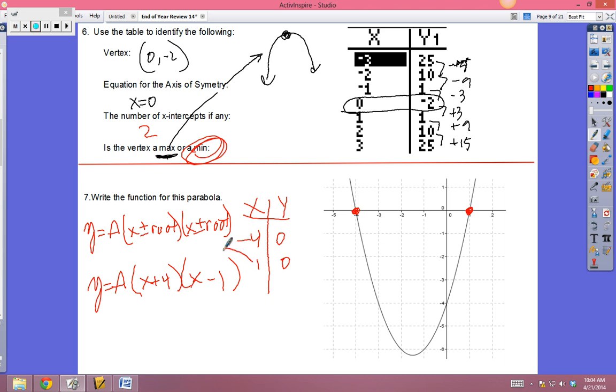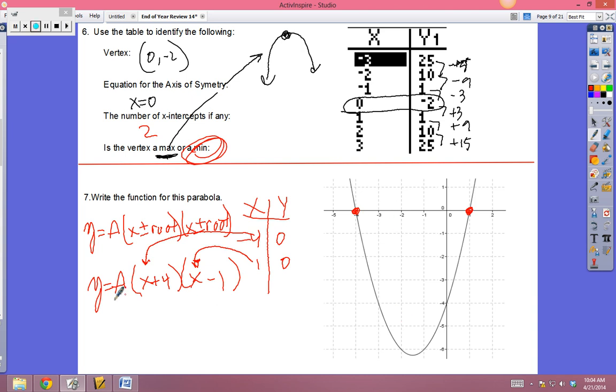Because when I take 1 and I plug it in for x, 1 take away 1, that's giving me the 0. Or if I take negative 4 and I plug it in for x, negative 4 plus 4, there's my 0. So in the model, they're going to be opposite of what they are on the graph.